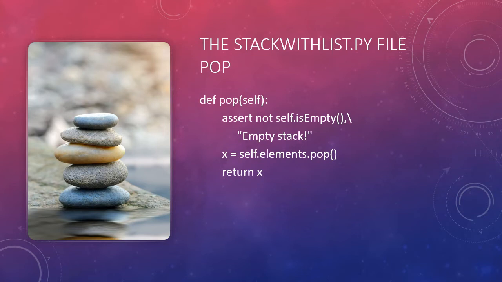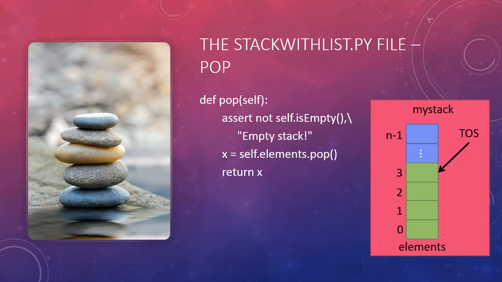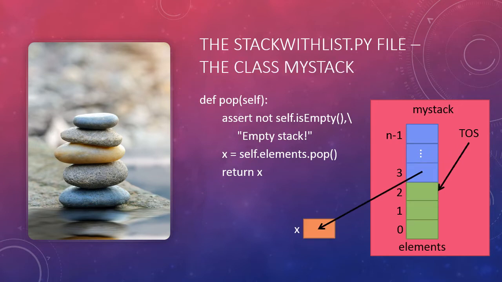Now look at it pictorially. Top of the stack is pointing to index 3, and then I bring in a variable x. I place the value from index 3 in x, and then top of the stack now points to index 2.